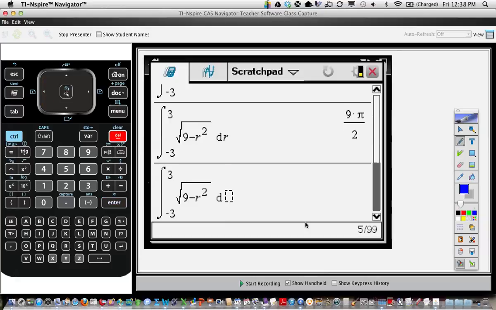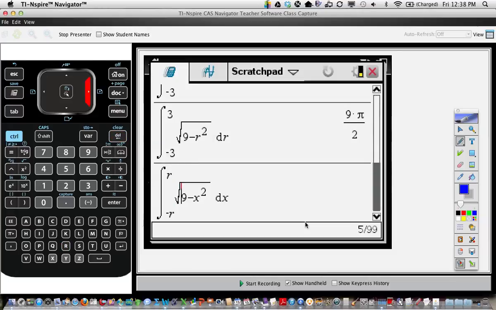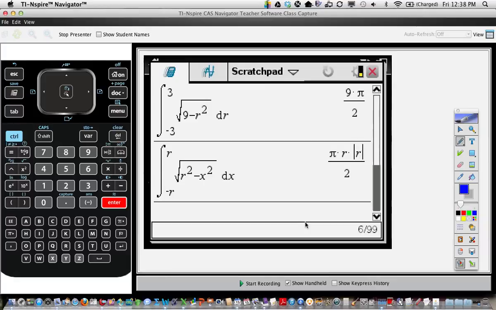Those stay x's, right? And our integral though goes, let's see, what else changed? That's an x. What's the 9 supposed to be? R squared. Yeah, I'm sorry. I meant to change it to like number 20. Okay? And change the 9 to r squared. And we should get, what do we have, 1/2 pi r squared?